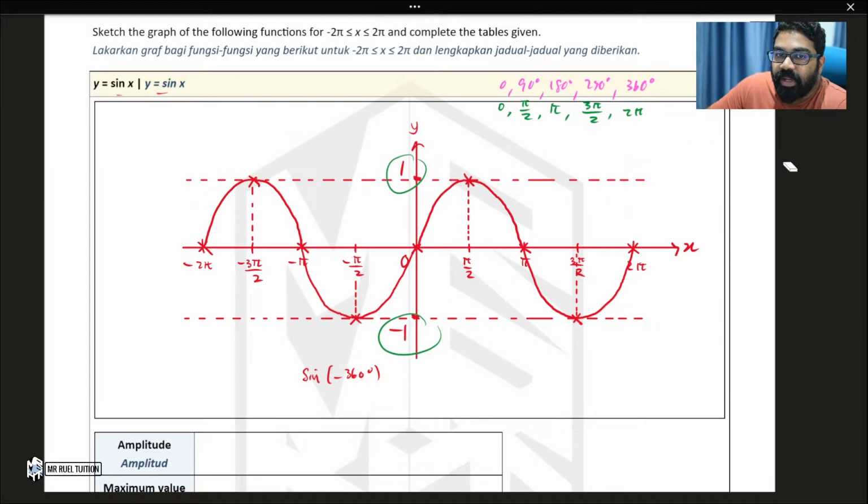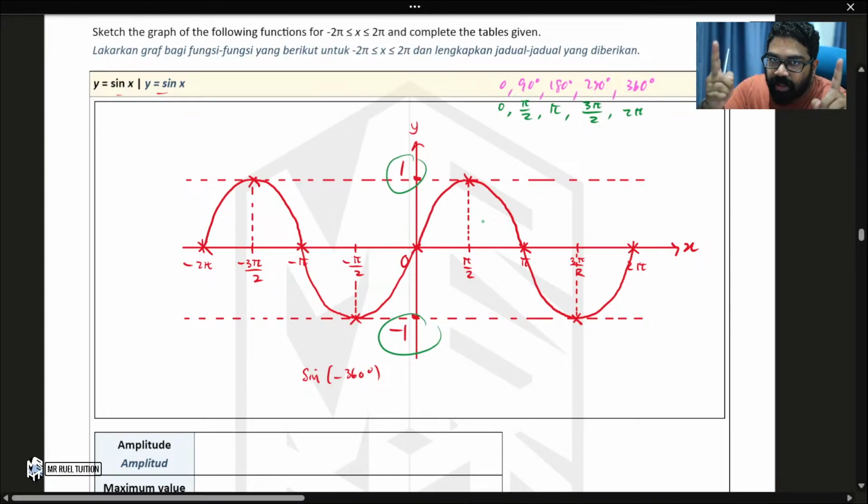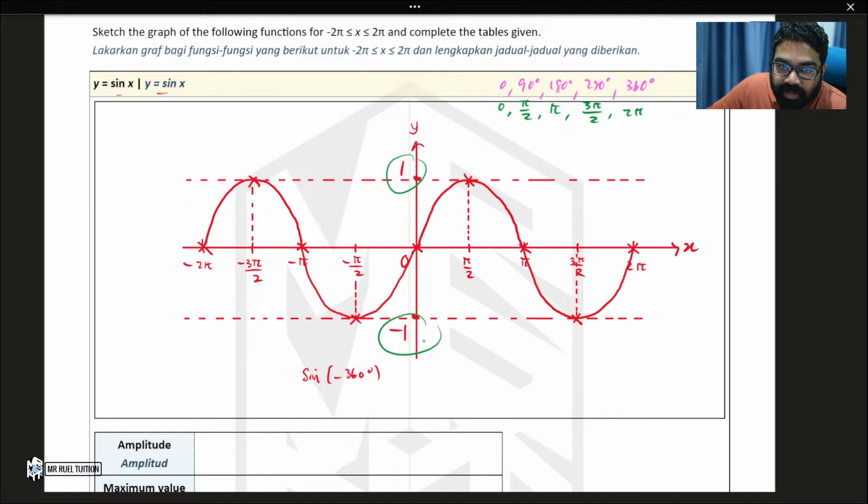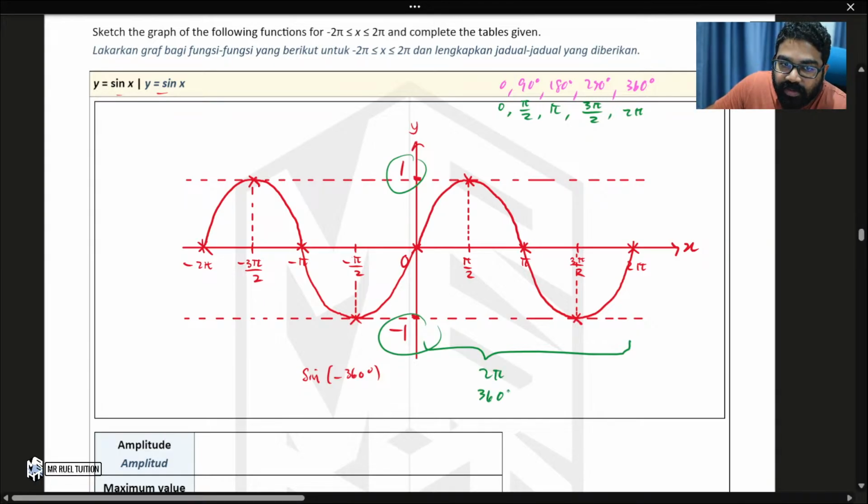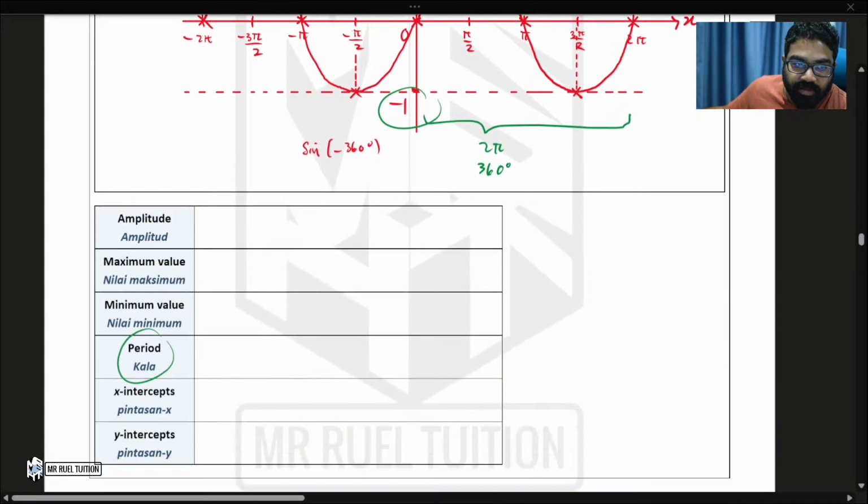So what is the period? Over what angle is this? From here to here is 2 pi radians or 360 degrees. That is the period. Understand? So that is 2 pi.